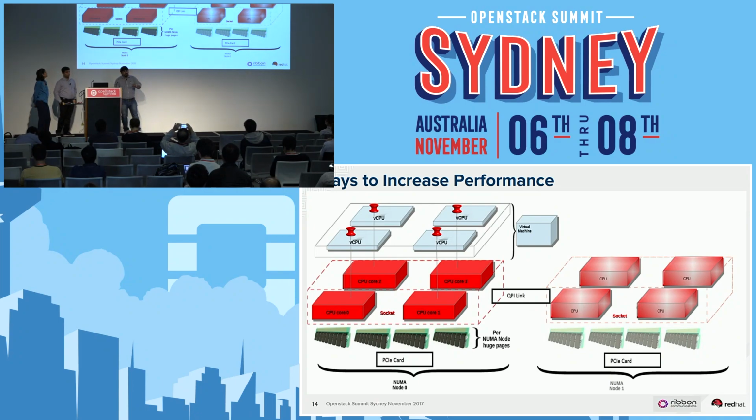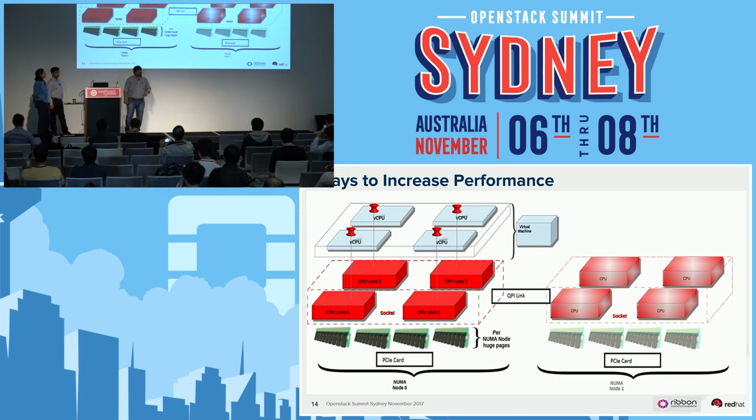So this is the main, or the basics, of attaining performance in OpenStack for the telco NFVs. What it says is, let's try to localize as much as possible the CPUs, the networks, the memories into a single socket, or what we call a single NUMA boundary.